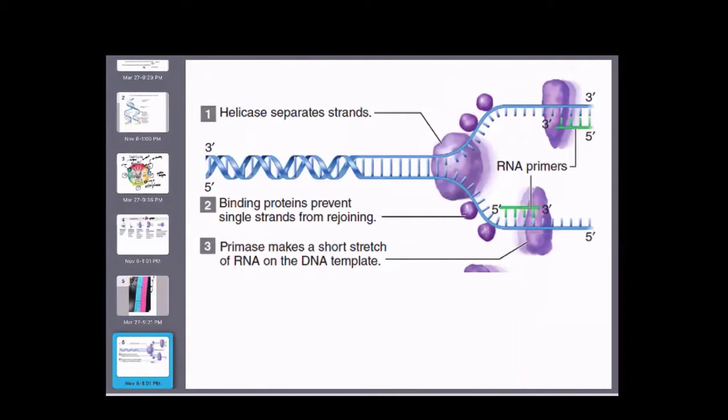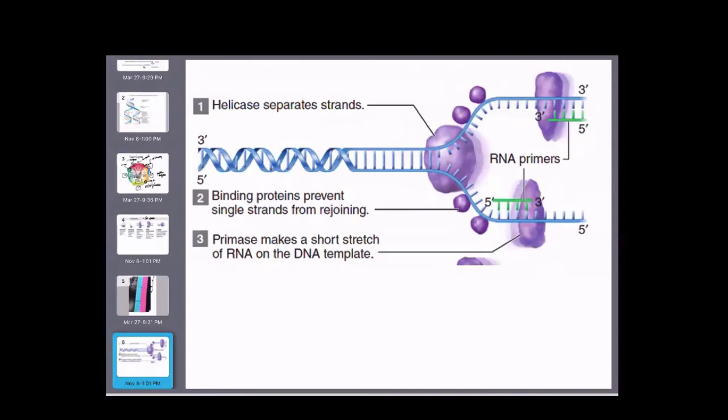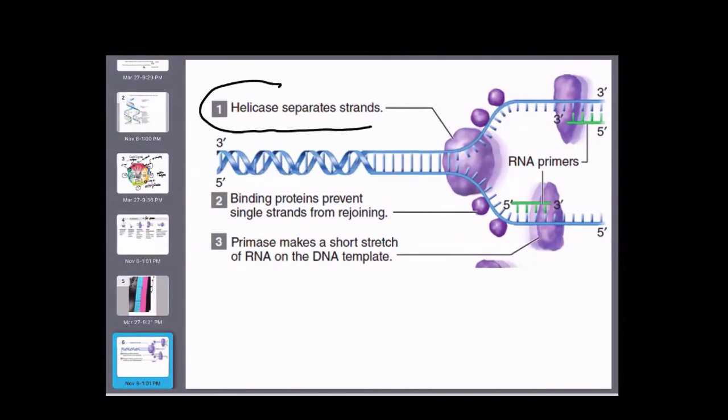Okay, so here's the picture that you would have seen in your lab, in your lecture video. So we have, firstly, we have an enzyme known as helicase, and helicase separates the strands. So helicase is making those double bonds into single bonds. And then you have some single-stranded binding proteins that attach to them to prevent the single strands from going back together.